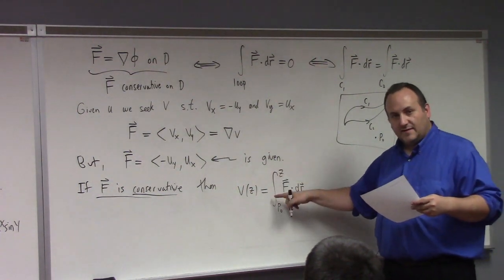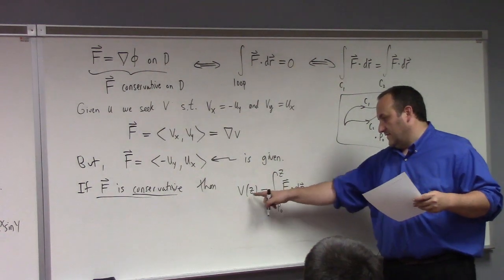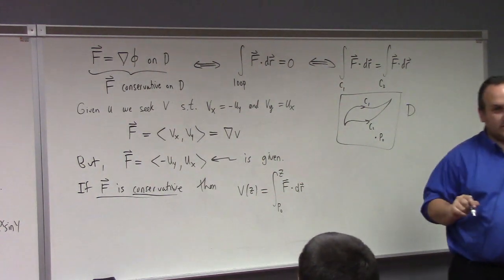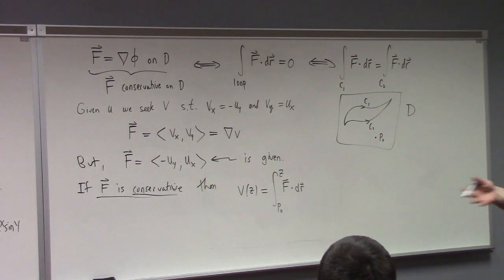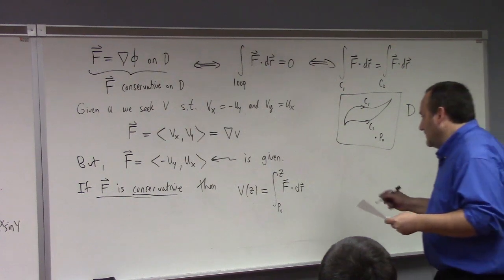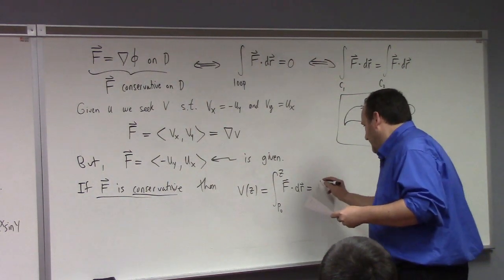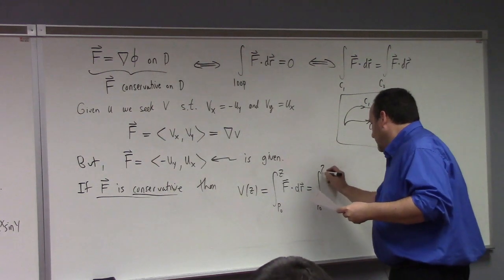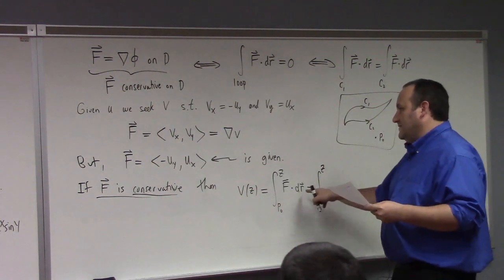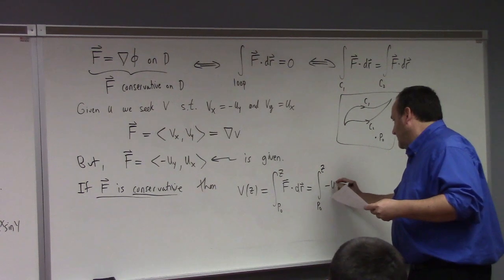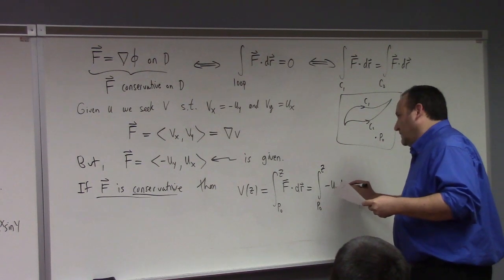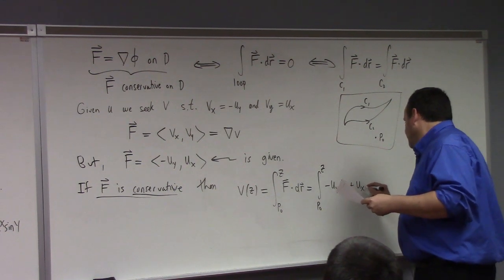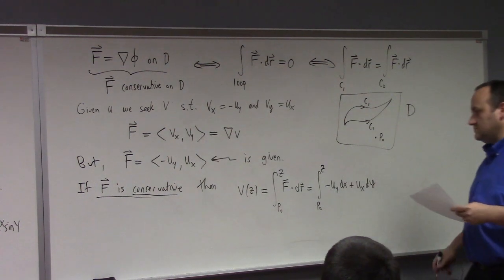It turns out that this constructs the potential by integration. You use this in physics when you construct the potential from integrating the electric field, for example. Now, specifically, in terms of the line integral notation from calculus 3, this F dot dr is literally minus Uy dx plus Ux dy, right?